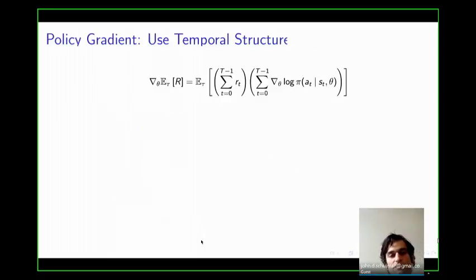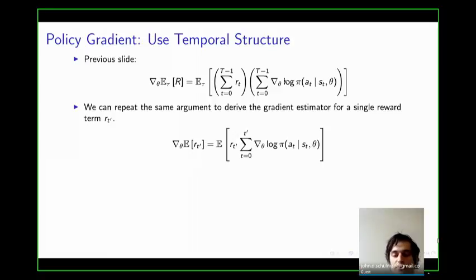Okay, so that's the most crude kind of gradient estimator we can get. What we can do now is try to derive lower variance gradient estimators. We're going to get an estimator that has the same mean, but lower variance. So it's going to be a better estimator, and it's going to require fewer samples to get a good estimate.